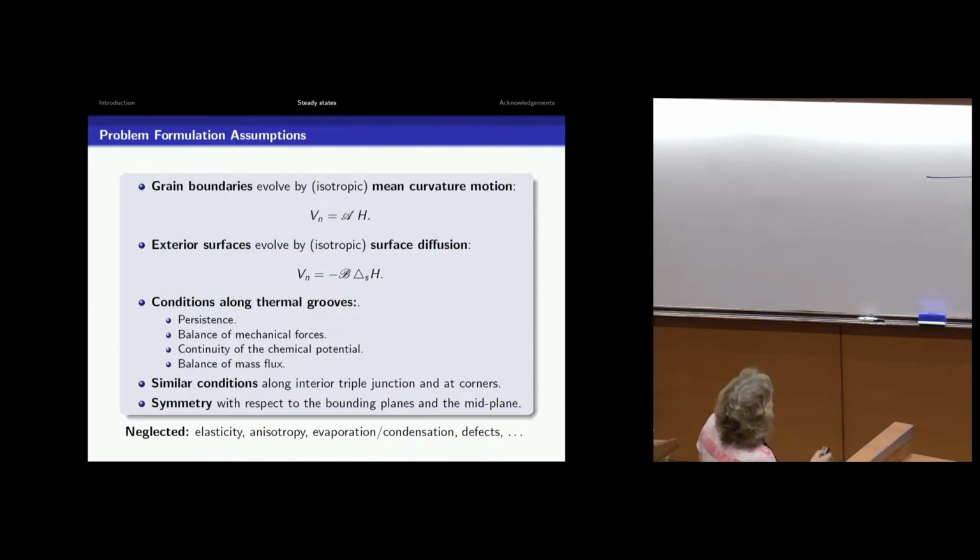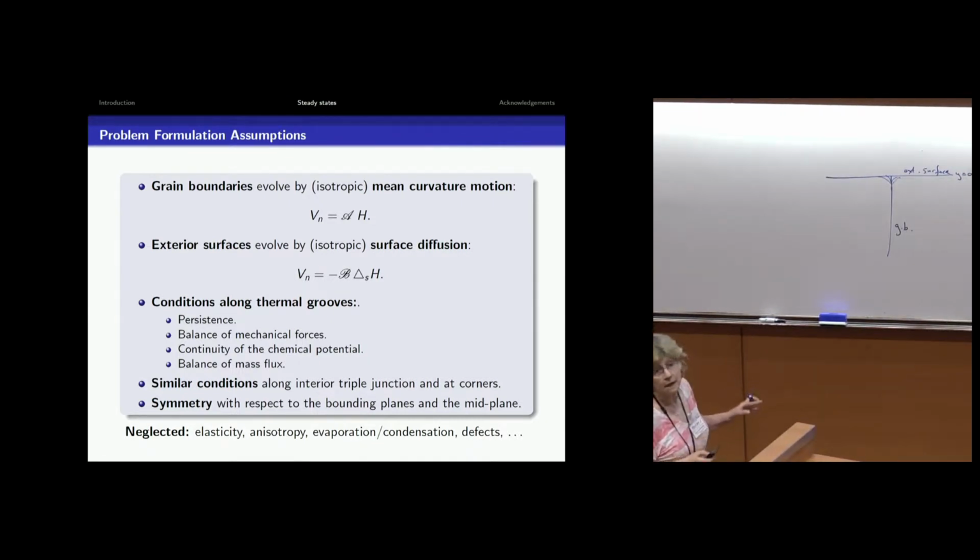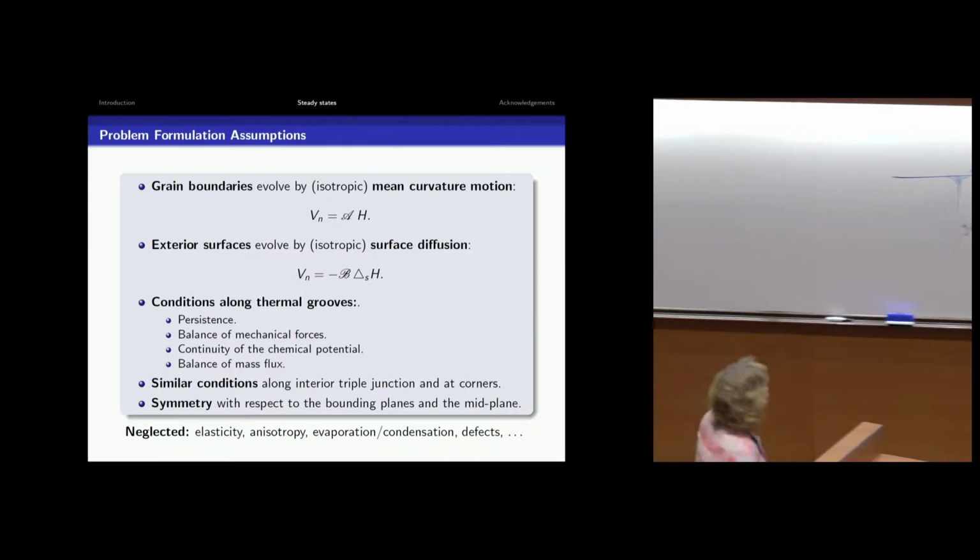And along the exterior surface, surface diffusion, just isotropic surface diffusion. It's not faceted, though the methodology could be taken forward and anisotropy could be included in this effort.